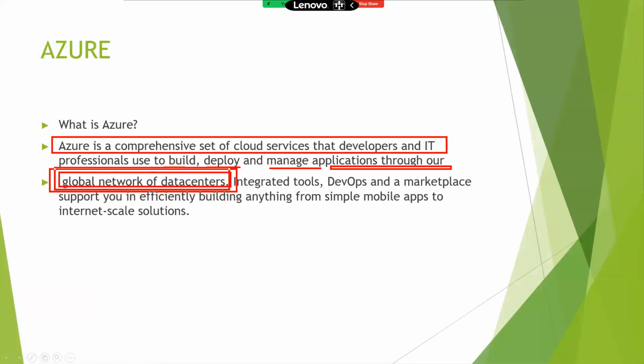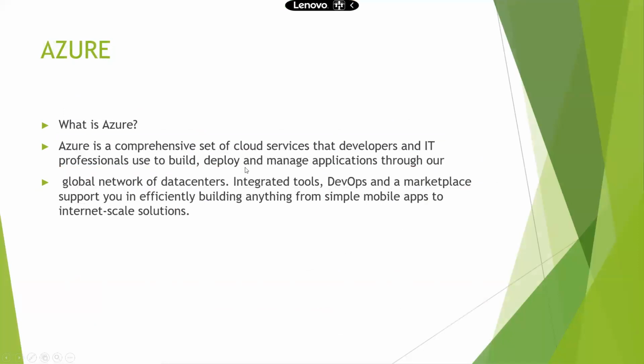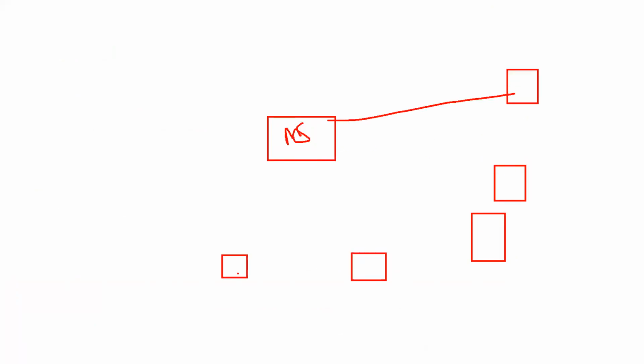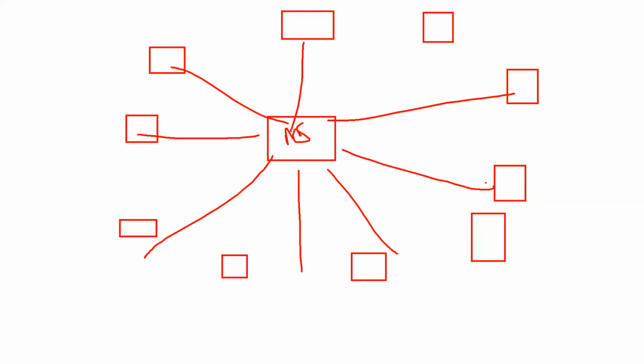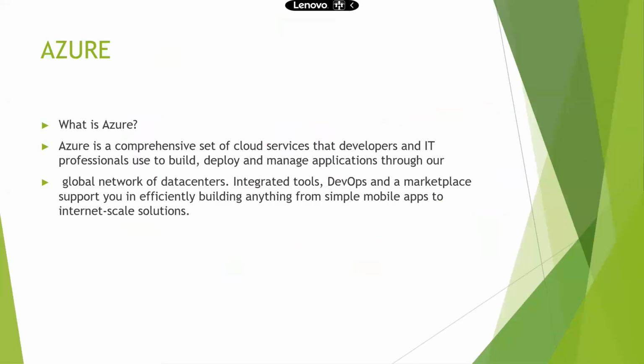Global network data centers means, assume Microsoft has around 140 countries with their own data centers. You can deploy your services near a data center. For example, if I have more customers in India, I can choose the Mumbai data center or the Pune data center, anything. Clear? That is Microsoft Azure.